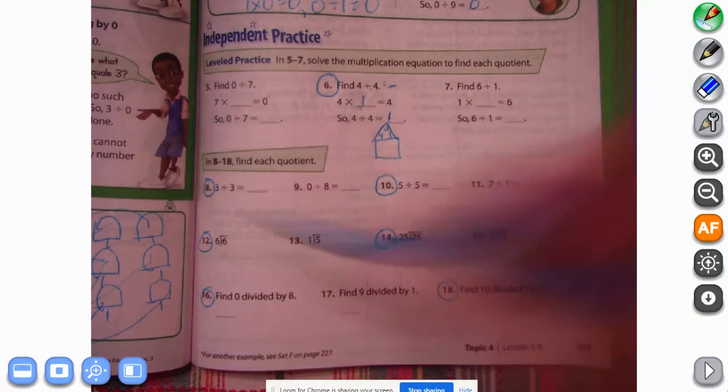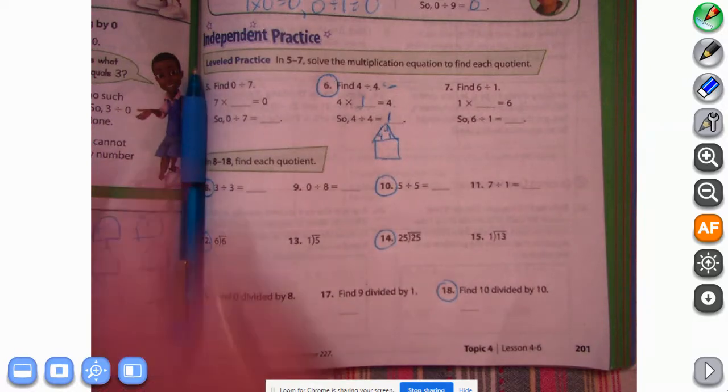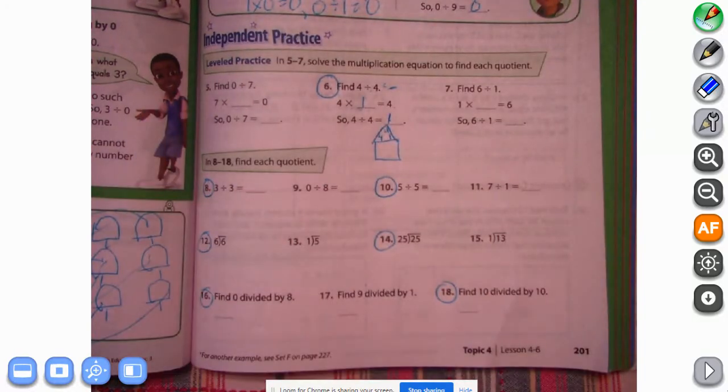Okay, number 8. Find each quotient. So number 8 says 3 divided by 3. All right.